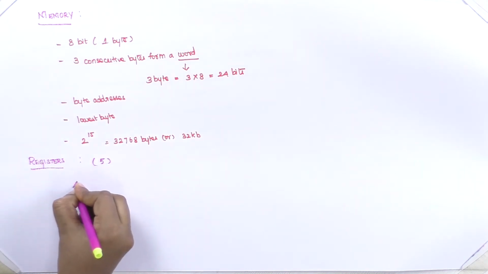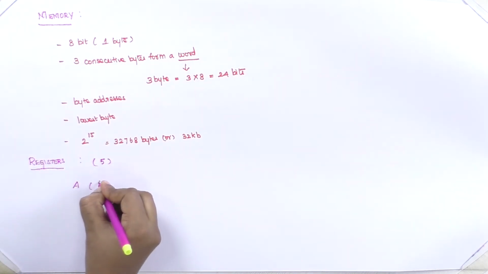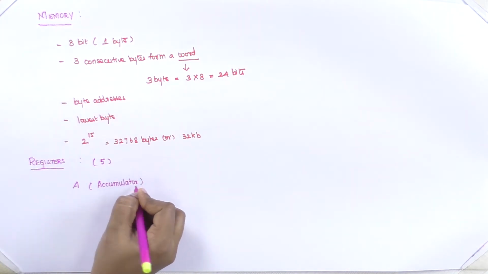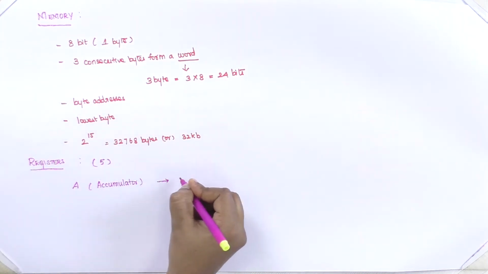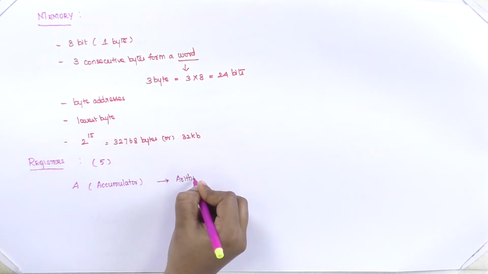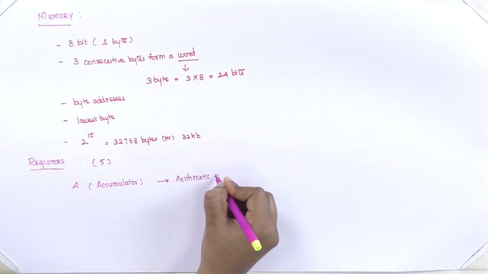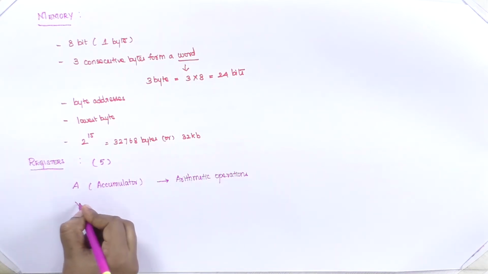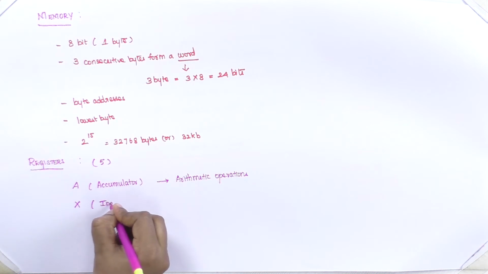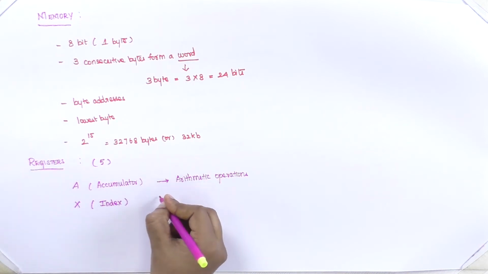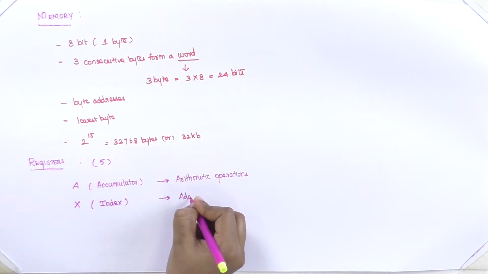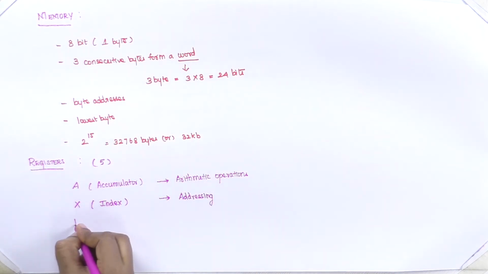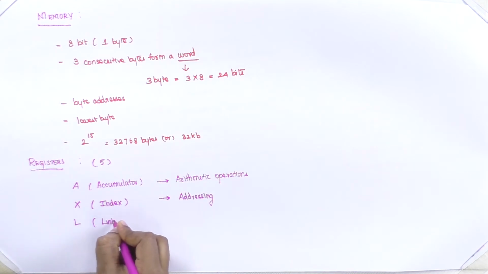The first register is the accumulator, which is meant for performing arithmetic operations. Then X stands for index register, and it is used for addressing of our instructions. Then L is our linkage register.